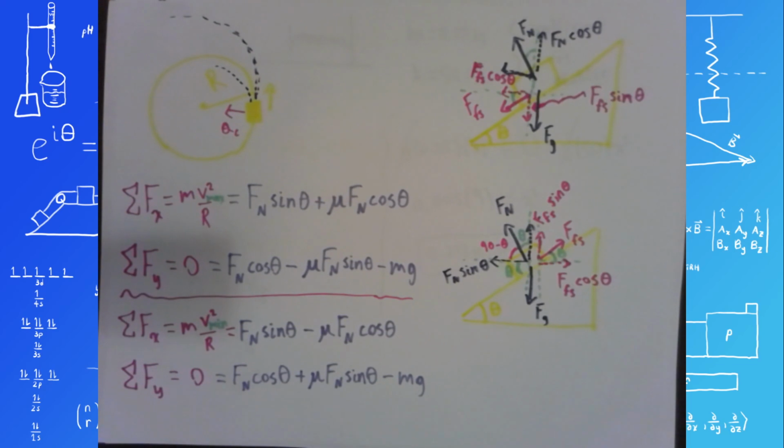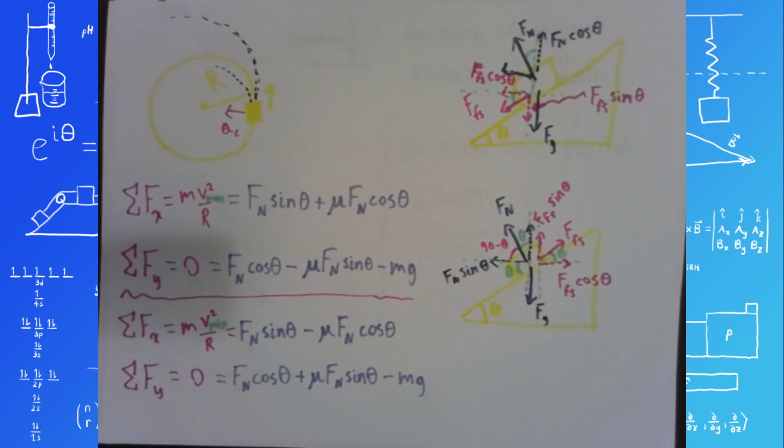So what I want to do then is find an expression for the normal force, because that's a variable we introduced. It can't be allowed to remain in our final expression. And for the mass, we're just going to hope that it cancels out, as it often does in physics problems.